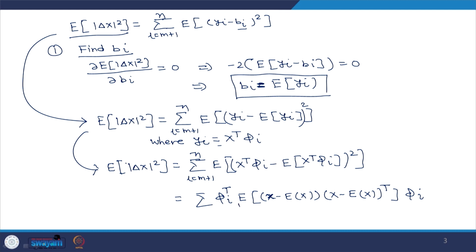Now, if you see carefully, what is this? It is the data covariance matrix as per the definition of covariance matrix. So, it is the data covariance matrix. So, what I can write?